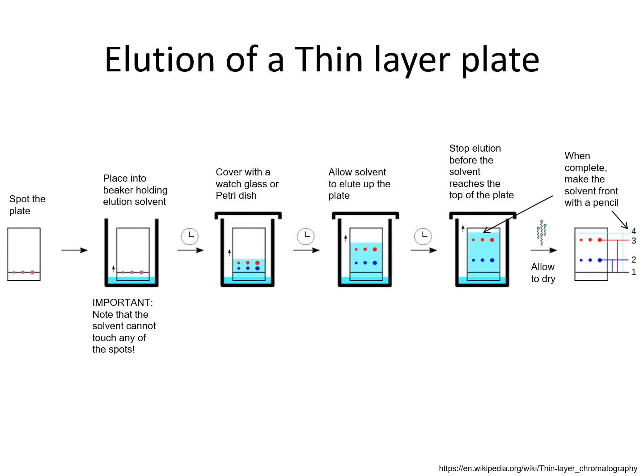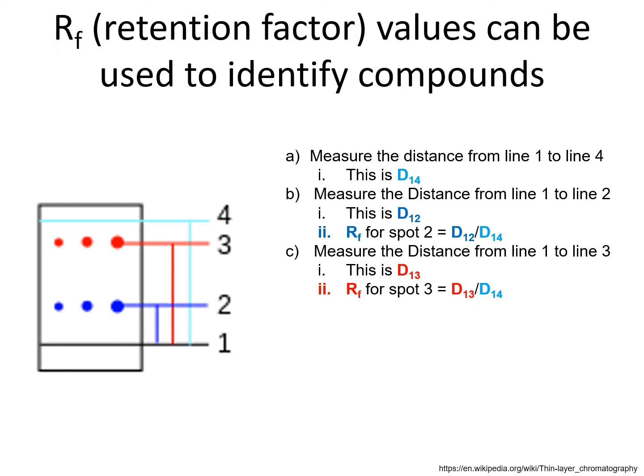Once you spot the samples, you put the plate into the chamber containing the solvents. You close the chamber and let the separation happen. Once the solvent goes above 3/4 of the length of the plate, you can remove it, mark your solvent front with a pencil and dry your thin layer chromatography plate.